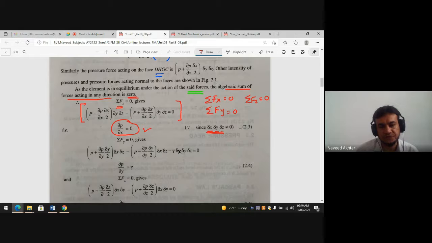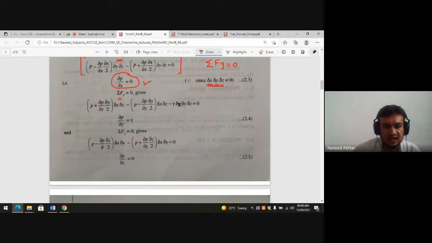Now we consider the vertical direction, that is δFy. So δFy is P plus ∂P/∂y δy by 2 δx δz minus P minus ∂P/∂y into δy by 2 δx δz.